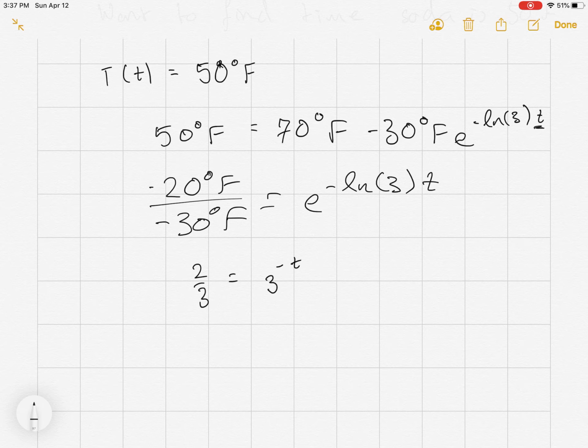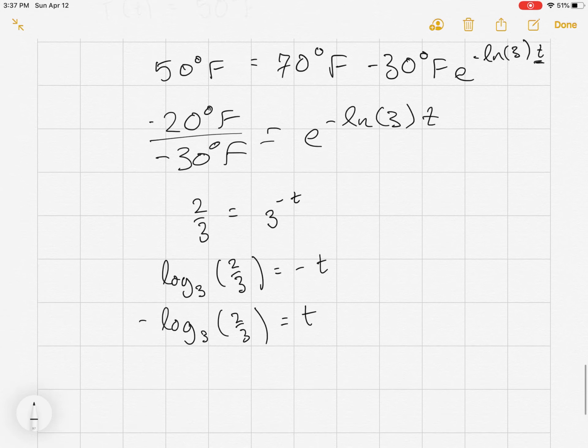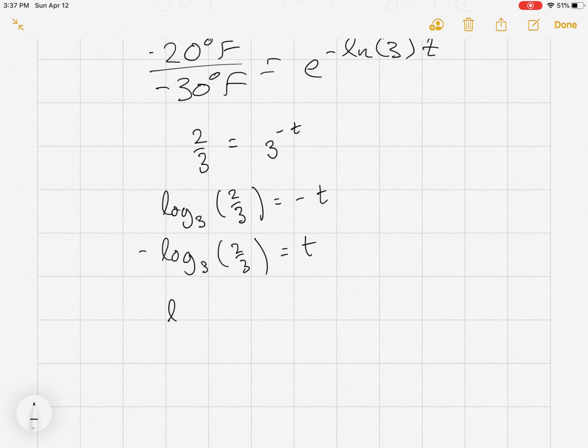So then we can take our log base 3 of 2/3 is going to equal negative t. So we'll get the negative out front, log base 3 of 2/3 equals t, which we can also write as log base 3 of 3/2, right? Using the same trick that we used before.